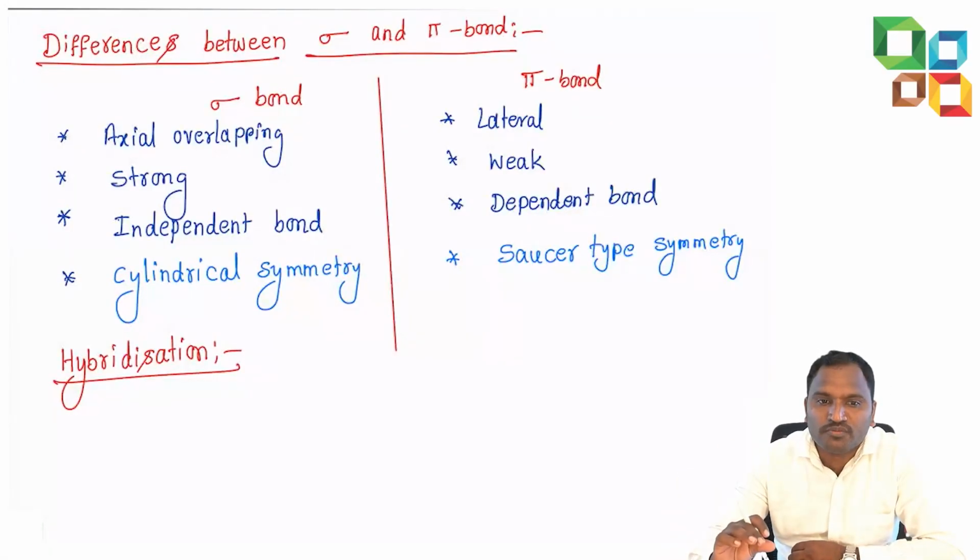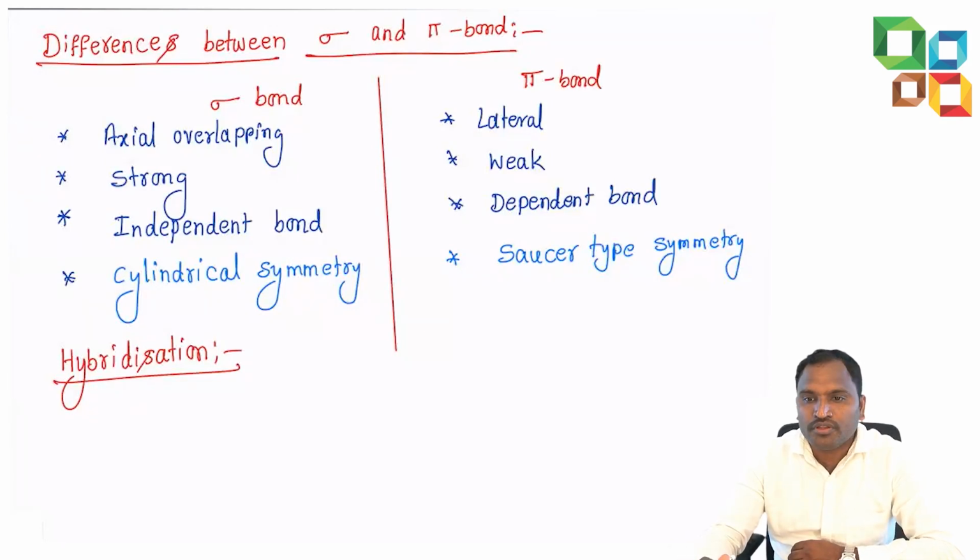Generally, in valence bond theory, I told you bond strength depends on the nature of the overlapping, the nature of the subshells, and the nature of the shells. Some bonds are strong, some bonds are weak in one particular molecule, because the overlappings are different.